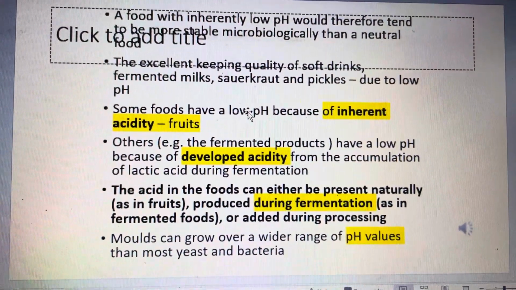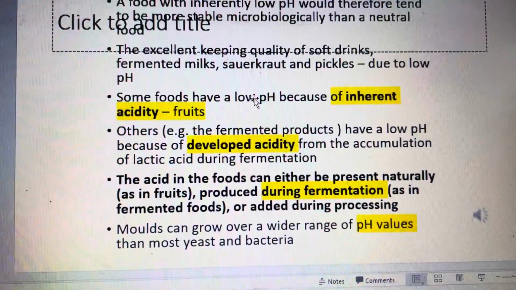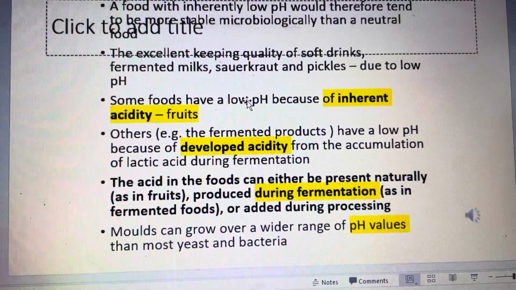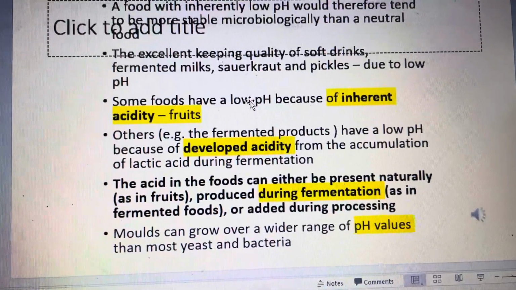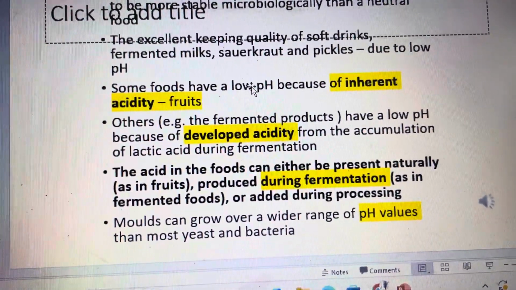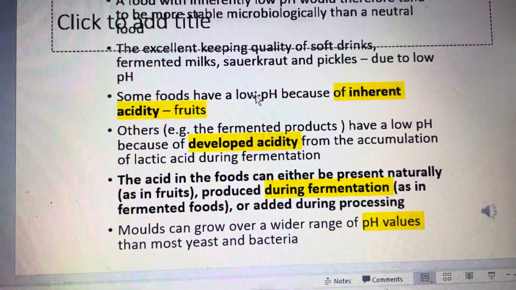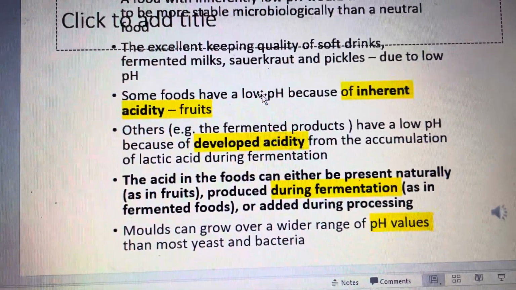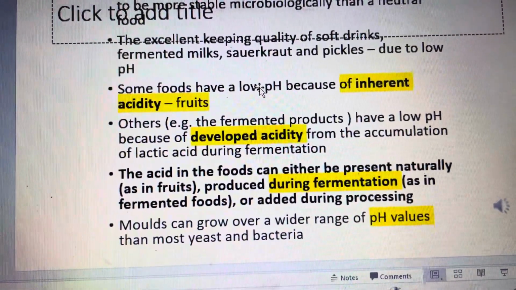Some foods are slightly acidic. In some fermentation processes, acidic conditions develop, and in some processes we add acid externally.